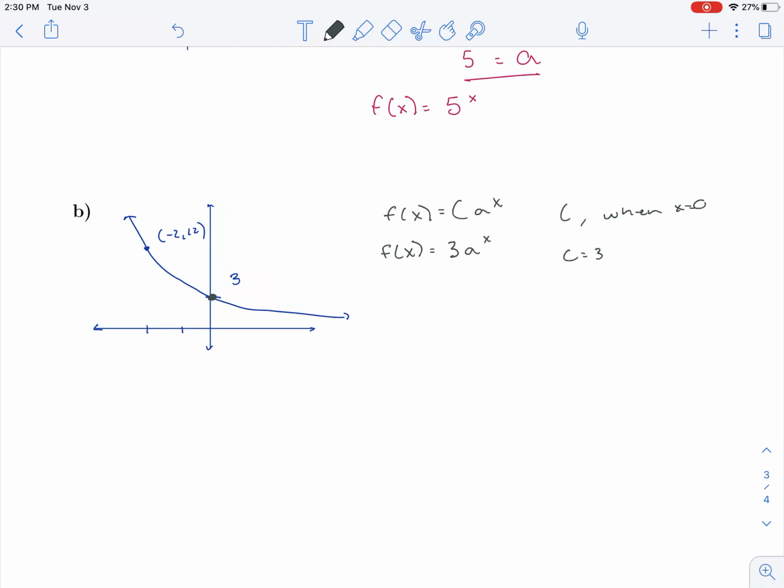Beautiful. Now I've done that, I only have one unknown, a. X and f of x are just points. Plug in -2, 12. So I'm going to have 12 equal to 3a to the -2.